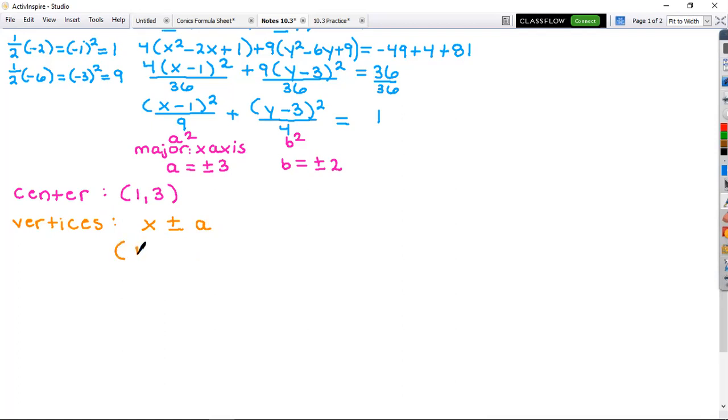So I'm going to do 1 and then plus and minus this 3, and my y value stays the same. So my vertices would be 1 plus 3, which is 4. And my other vertex for the x, 1 minus 3 would be negative 2, and then 3.